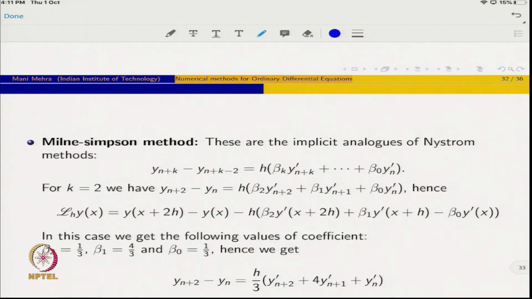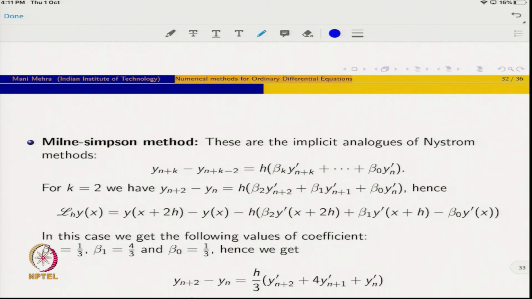So, the next is Milne-Simpson's method. These are again implicit analogues of Nystrom methods, like initially we started with Adams-Bashforth, and Adams-Moulton were the implicit version of Adams-Bashforth. Similarly we had Nystrom methods, and these are the implicit versions of the Nystrom method.